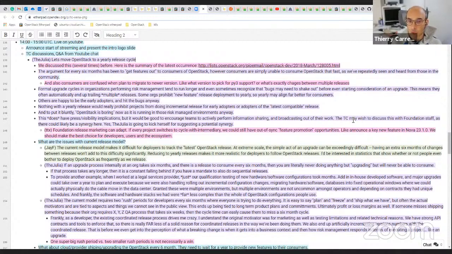Last time, the way we solved it was by saying that fast forward upgrades would allow deployments to skip releases and to skip certification of certain releases, and therefore the pressure to upgrade would be less.